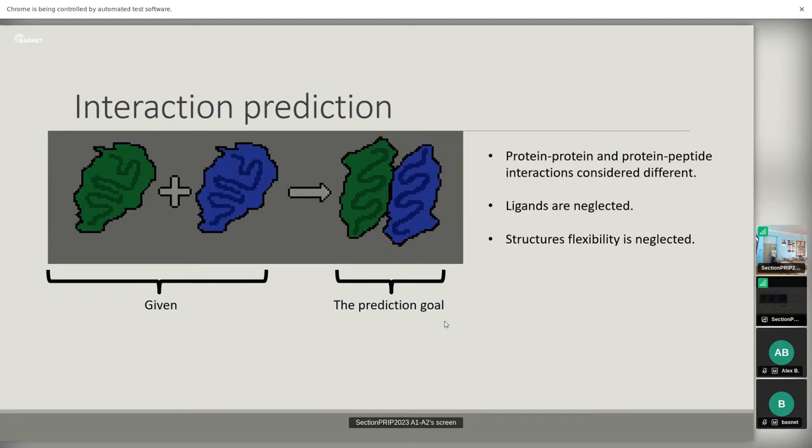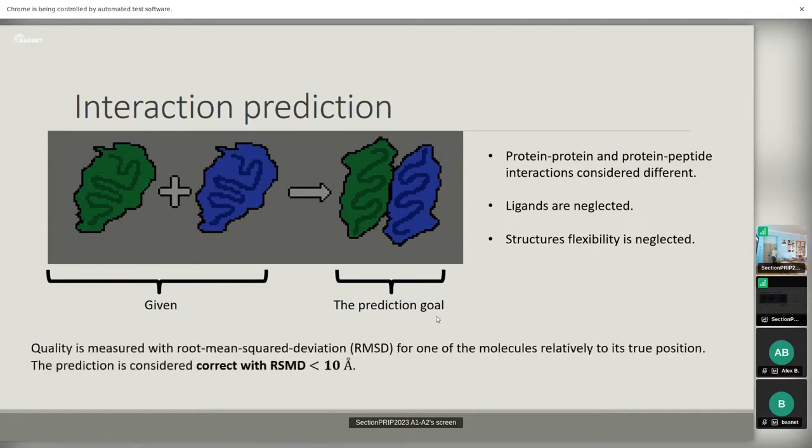We also usually neglect events, and we neglect flexibility of protein molecules. How to measure the quality of our prediction? I use a conservative metric. We fix one of the molecules, and for the other, we calculate root mean squared deviation. If this deviation is less than 10 angstroms, then we say that the prediction is correct.